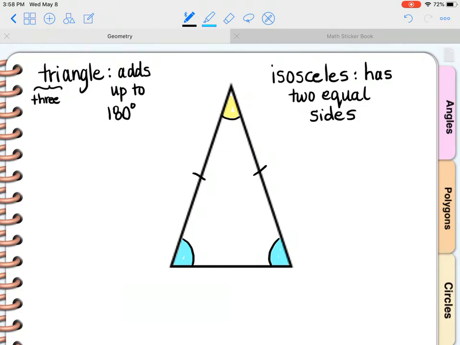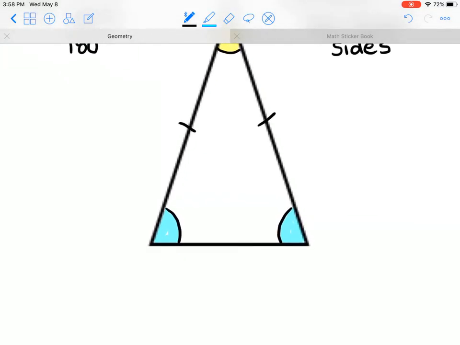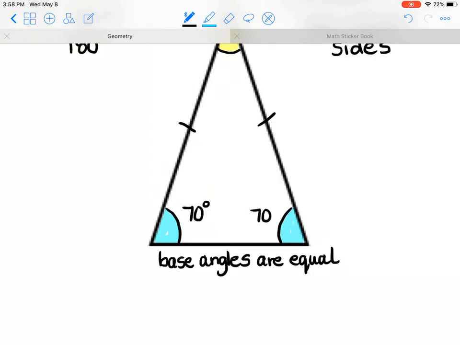It's like the DNA of isosceles. These base angles in an isosceles are always equal. Always. So I'm just going to pick some numbers at random. I have not measured with a protractor, but let's just pretend that this is 70 degrees and this is 70 degrees. That's what makes these two sides be equal sides.